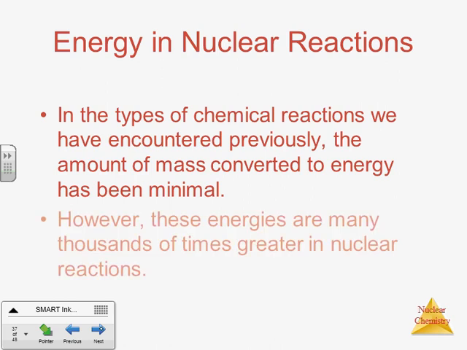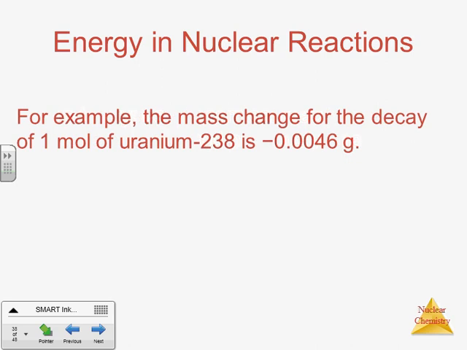But in nuclear reactions, you actually have a significant amount of mass being converted into energy, significant compared to any other chemical reaction. It's still not very much, but even the conversion of a small amount of matter can create a huge amount of energy.